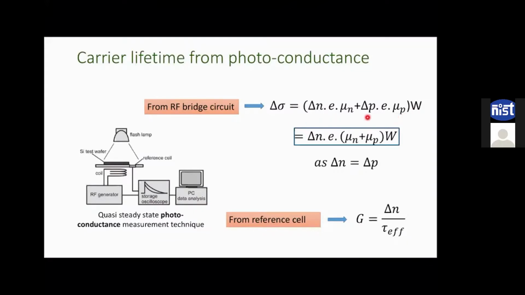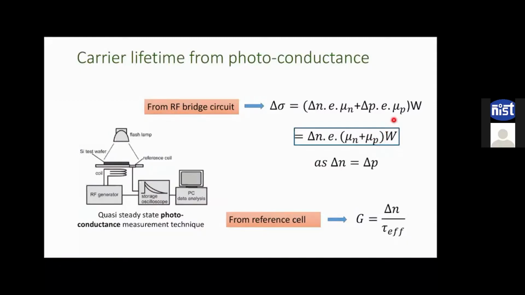If you look closely, the number of photogenerated electrons and the number of photogenerated holes are equal, right? So this equation simplifies into this, where this photoconductance we get from the RF bridge circuit voltage. We know the mobility of electrons in a given crystalline silicon wafer. We know the mobility of holes in a given silicon wafer depending on its doping.